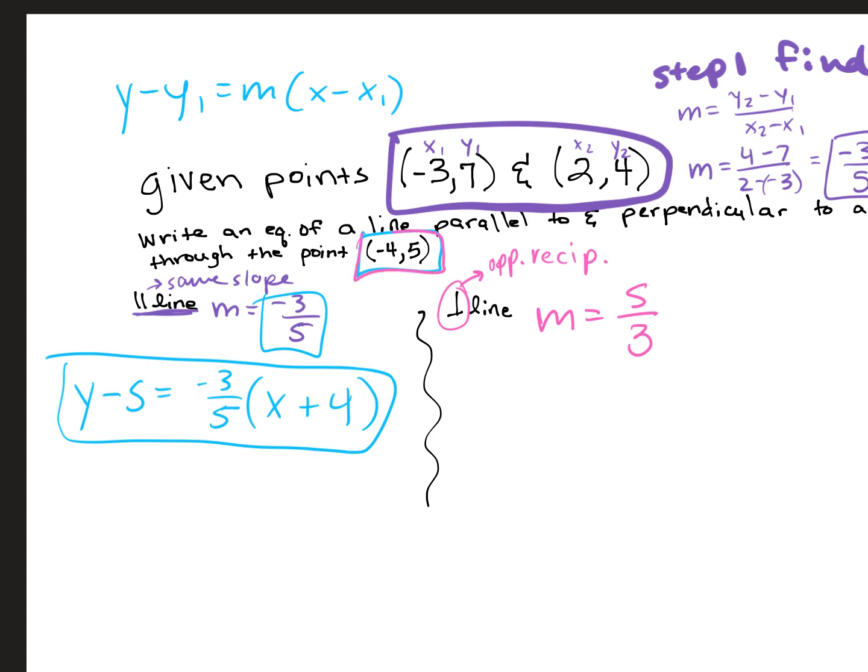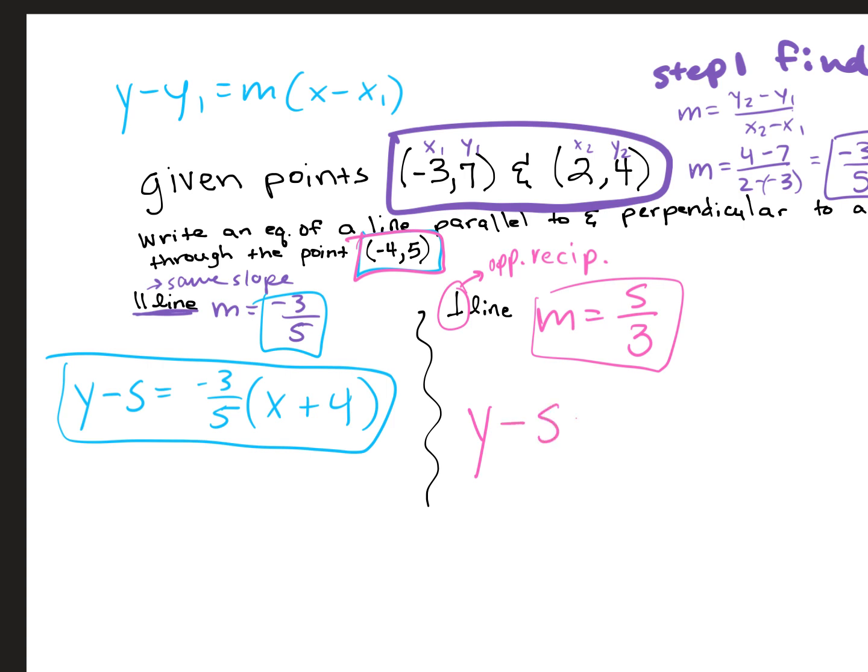Now we're using this same point, or new point here. So now that I have a point and my slope, can I plug it into the equation? Yes, we're just going to plug it into point slope form. So I have y, what? What would come next?